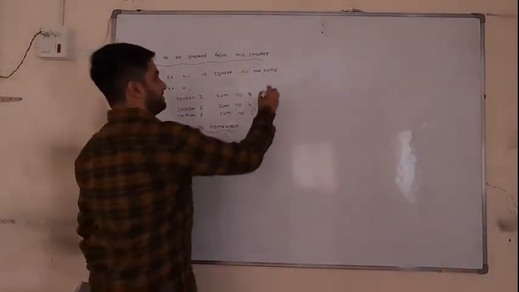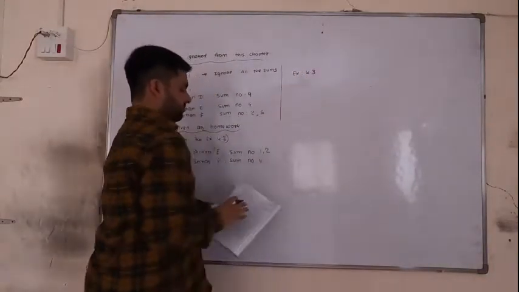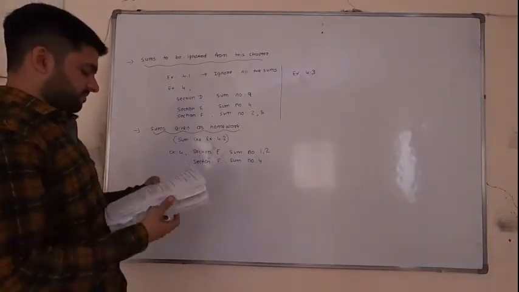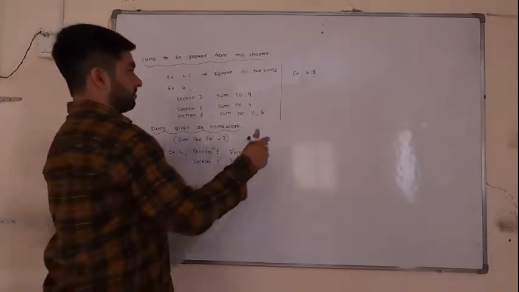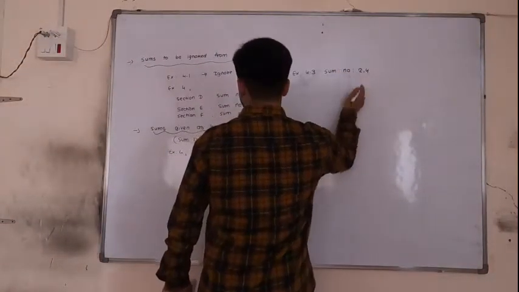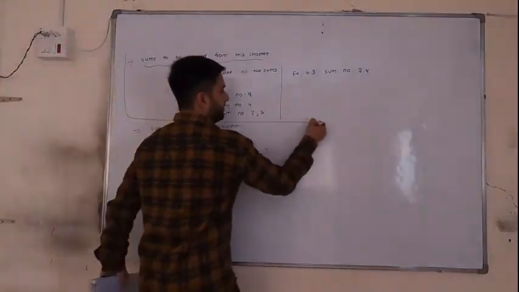Again, for exercise 4.3 also, 1 or 2 sums there you have to ignore. Sum number 2, 4. Okay, so friends, understand this thing what I am telling again.